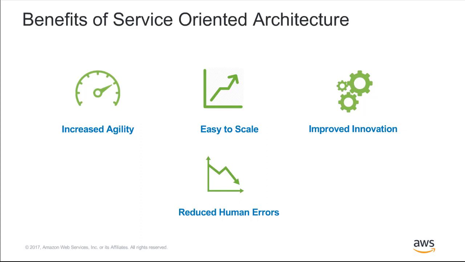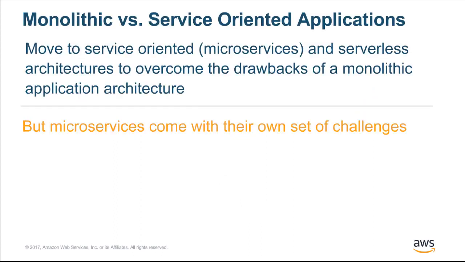Similarly, because these pieces have been broken down, they're easier to scale individually, and you can scale the different pieces based on the needs of those individual pieces instead of worrying about scaling a large application. Both of these points lead to improved innovation because your teams can now move faster. And because teams are now responsible for smaller pieces of code, there are fewer chances of human errors. Those are some of the reasons why folks are moving to service-oriented architectures and the benefits that they get from it.